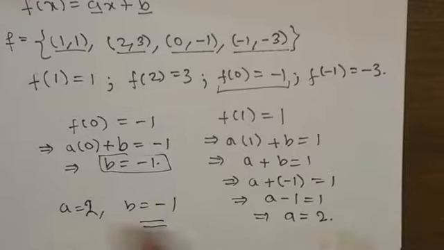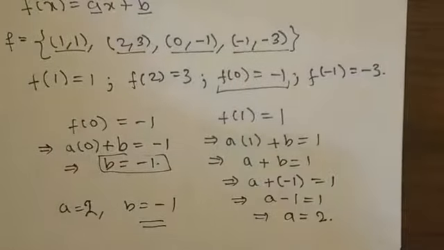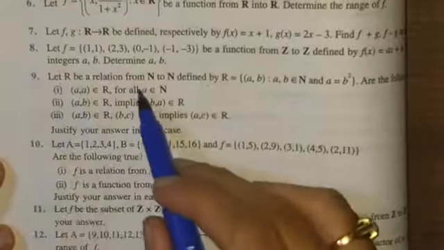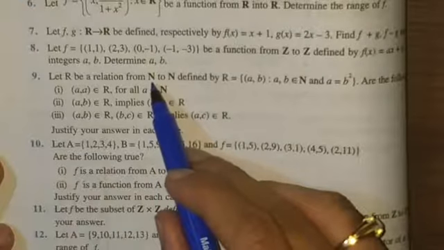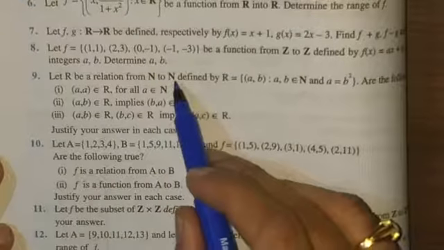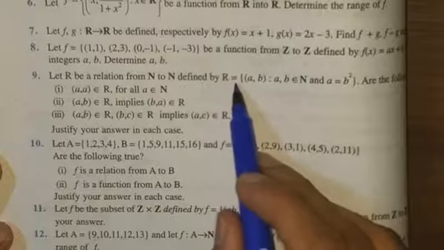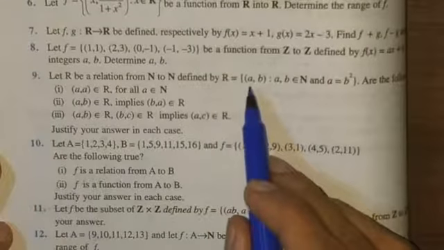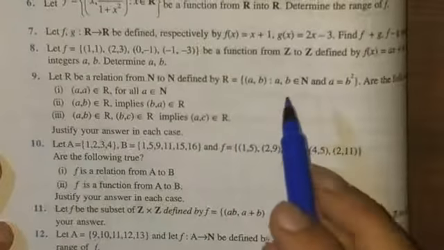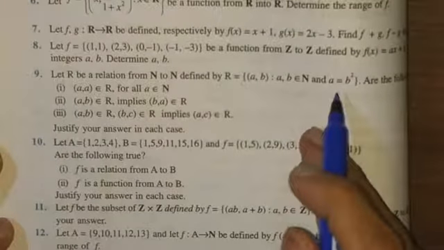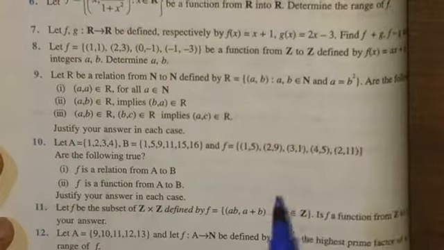Now let us go to problem number 9. Problem number 9 is: let R be a relation from the set of natural numbers N to the set of natural numbers N defined by R equal to the set of ordered pairs a comma b such that a comma b belongs to the natural numbers and a is equal to b square.